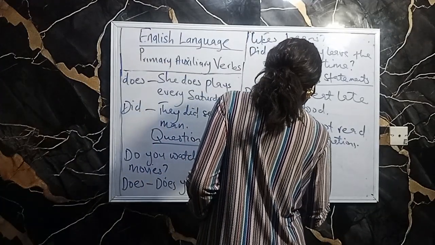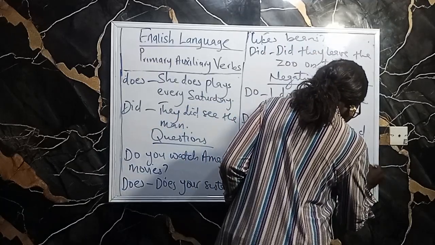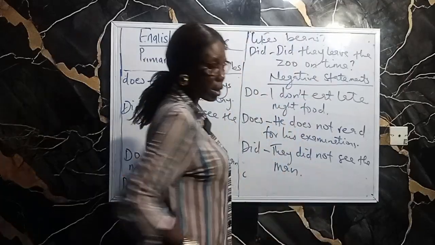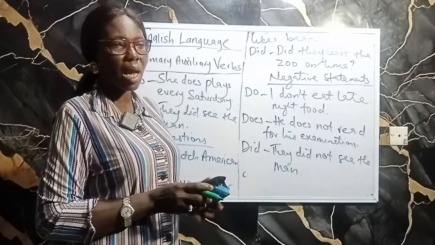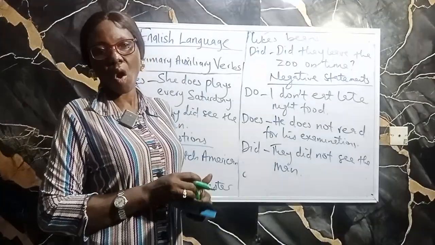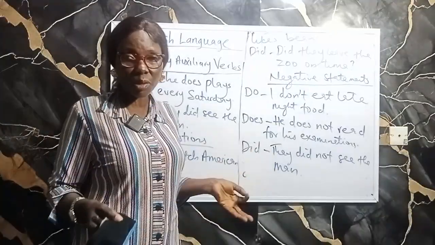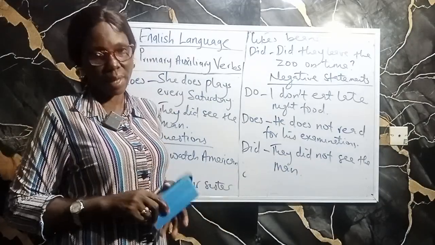They did not see the man. That is a negative sentence. All of them are negative sentences. That is how to use these primary auxiliary verbs. I hope you've understood everything about these primary auxiliary verbs and how to use them.